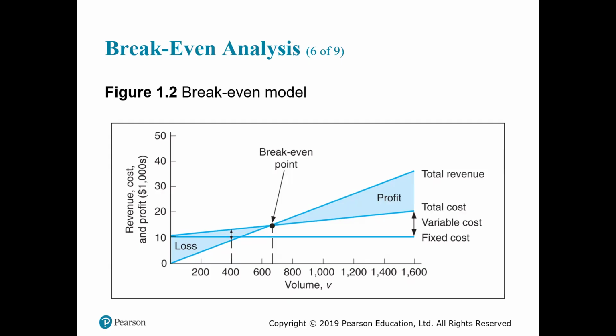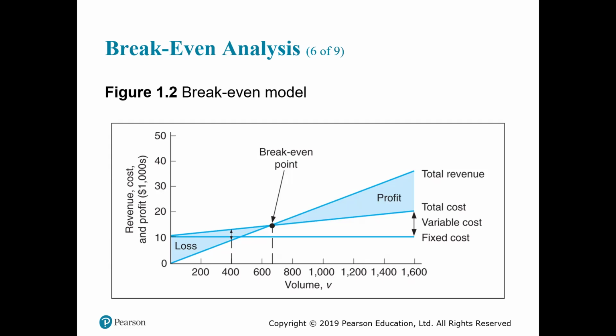Total revenue starts from 0. If you produce nothing, you get nothing. So it goes, the second line on top is the total revenue line. Where the total cost and the total revenue curves meet, that's the break-even point.